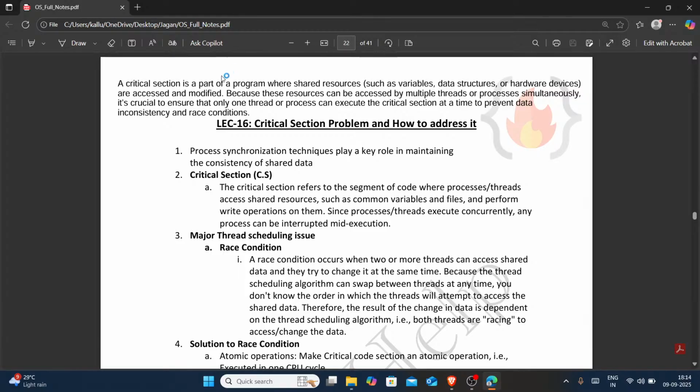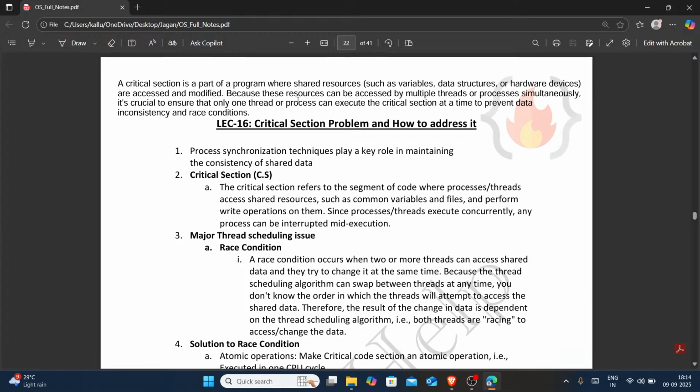So to say it clearly, a critical section is a part of a program where shared resources such as variables, data structures, or hardware devices are accessed and modified.